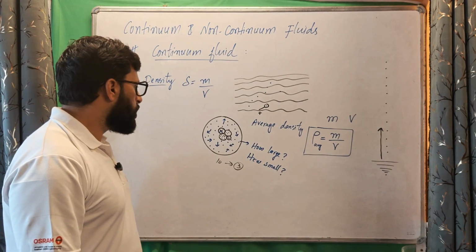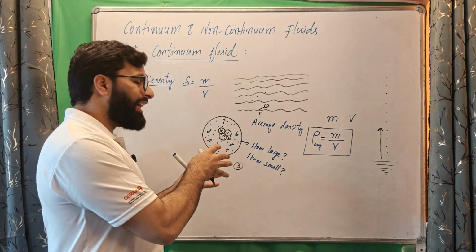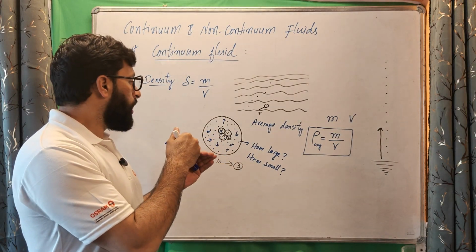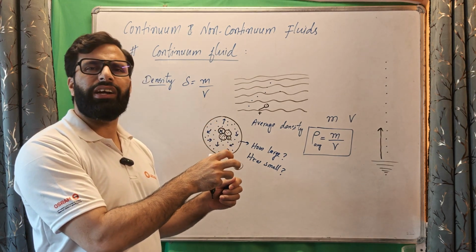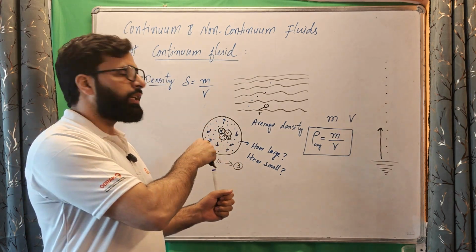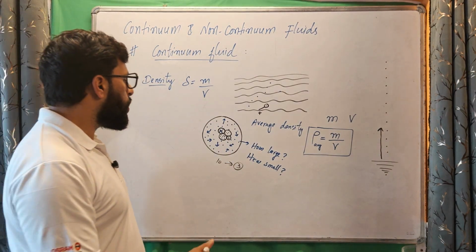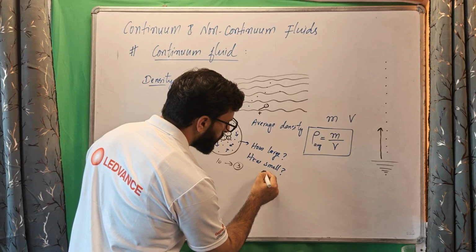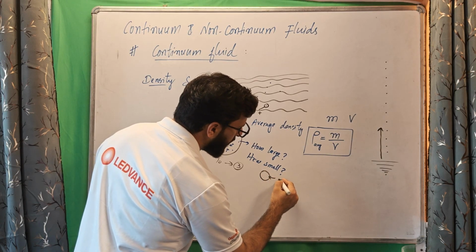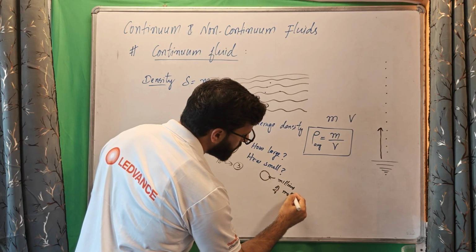So the volume cannot be very small, containing only tens or hundreds or thousands of molecules. This volume has to be large enough to contain so many molecules that if tens or hundreds come out, the overall change in mass will not be significant. So how small? It should be small enough that it contains still millions of molecules.